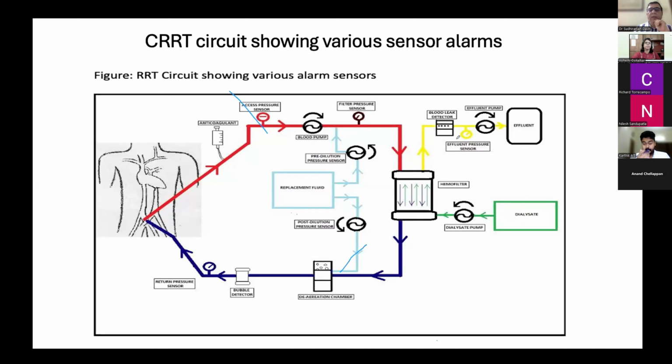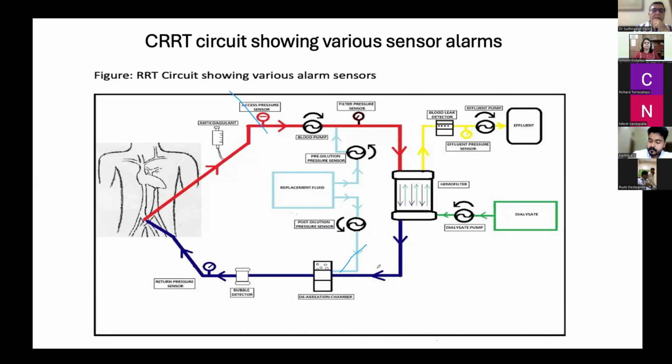Along with that, there is a blood leak alarm. And this is the dialysate pump. Then this is the deaeration chamber and the bubble detector. And here you can see the pre-dilution pressure sensor and the post-dilution pressure sensor. The pre-dilution is before the filter itself, and the post-dilution is after the filter itself.